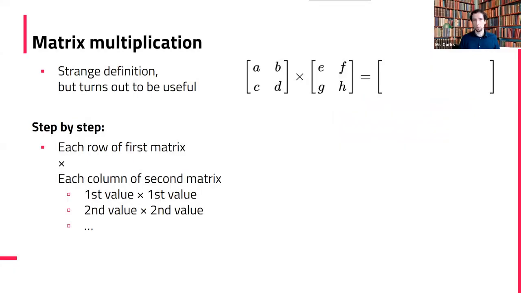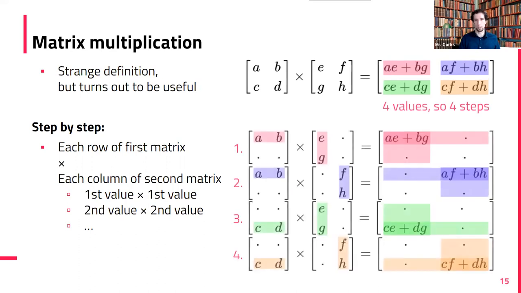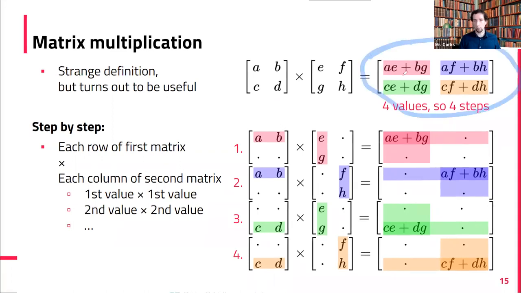So matrix multiplication, I gave a long, careful explanation of this last time. I'll just give a brief version right now. It's a little weird. It's not what you would necessarily guess if you were to guess what it means. So we have 4 positions in this case, 4 different values that we have to calculate.